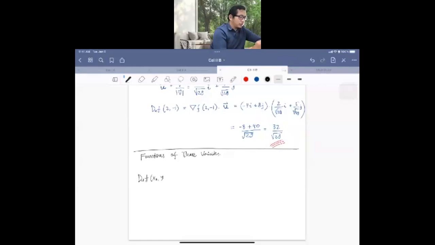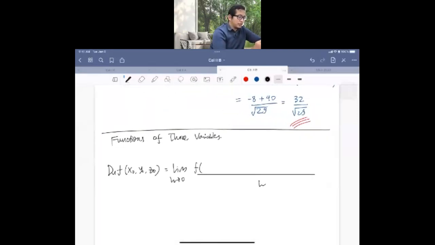So the directional derivative at this point x0, y0, and z0, let's say three variables, we can write as a limit definition. The definition is actually still the same context, where we have f of x0 plus ha, y0 plus hb, and now we have z0 plus hc, minus f of x0, y0, z0.